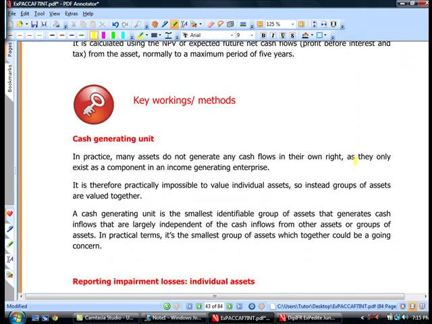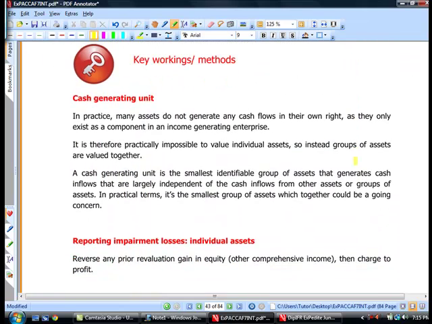The concept of a cash generating unit is the following. Not all the assets in the company will generate cash flows independent from the other assets in the company. So it will be practically impossible to value individual assets. Instead, we have to look at the cash generating unit.